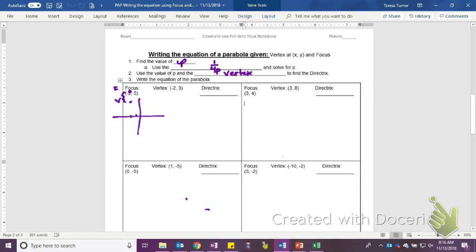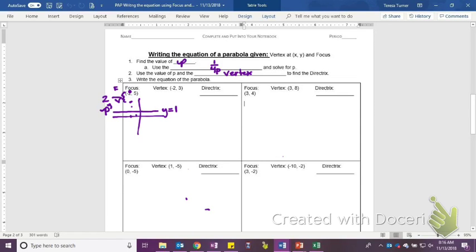Our distance between 3 and 5 is 2, and that's our value of p. So we know that our directrix has to be 2 units below our vertex. So instead of being at 3, we go down 2, and this is our directrix, y equals 1.